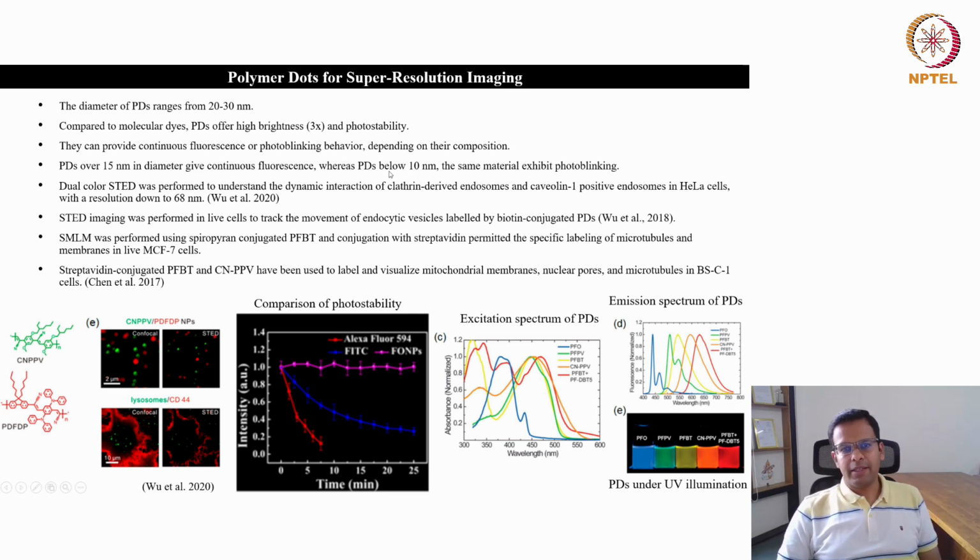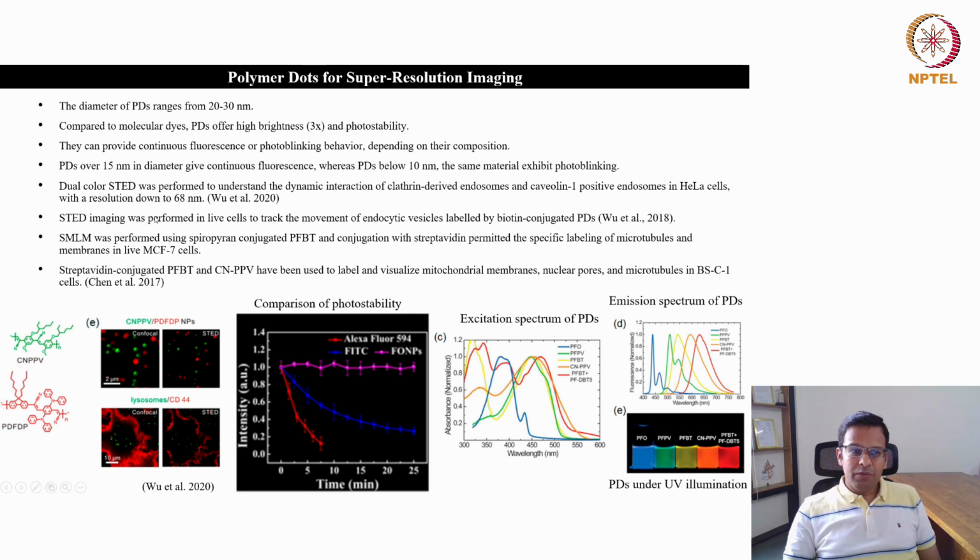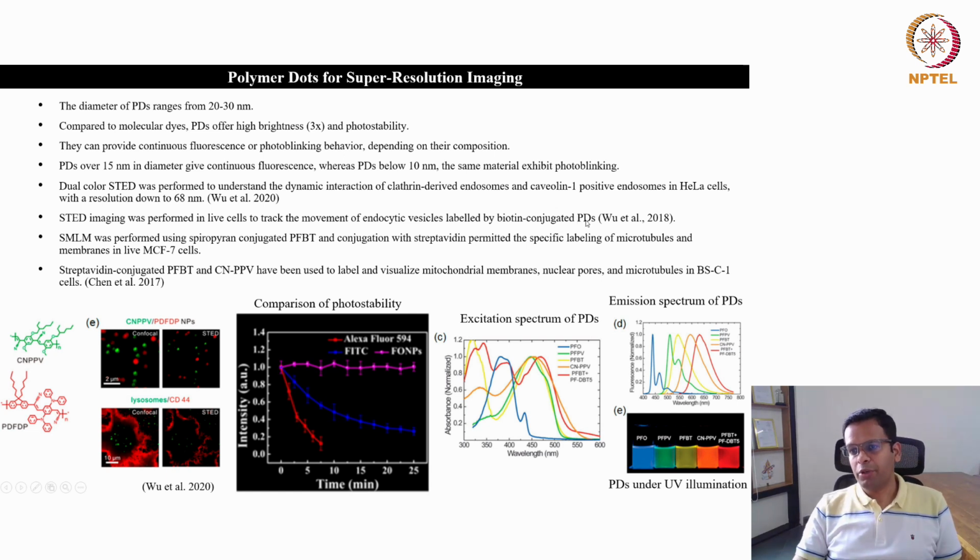The smaller the size, less than 10 nanometers, the same material gives photoblinking, and if the diameter is greater than 15 nanometers, then it gives continuous fluorescence. A dual color study was performed to understand the dynamic interaction of clathrin derived endosomes and caveolin-1 positive endosomes in HeLa cells with a resolution down to 68 nanometers. Then STED imaging was performed in live cells to track the movement of endocytic vesicles labeled by biotin conjugated polymer dots.